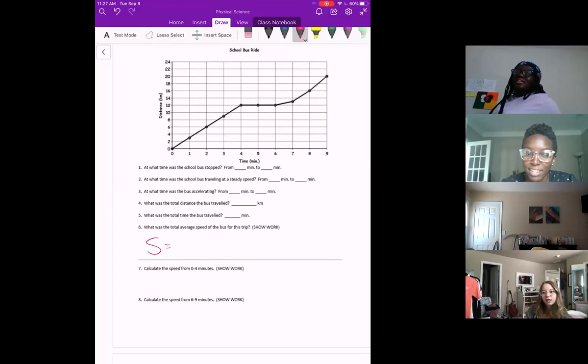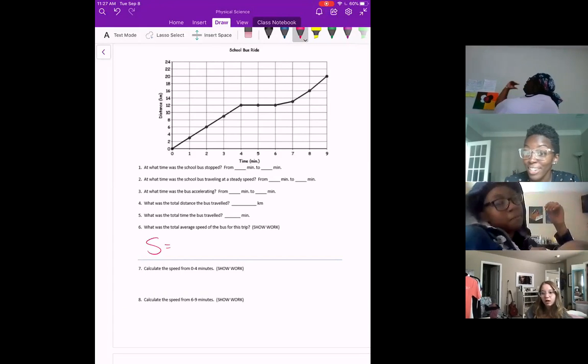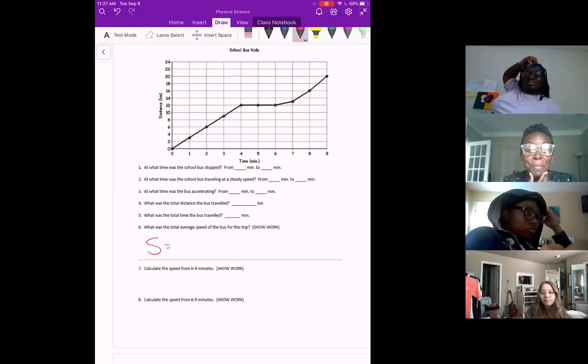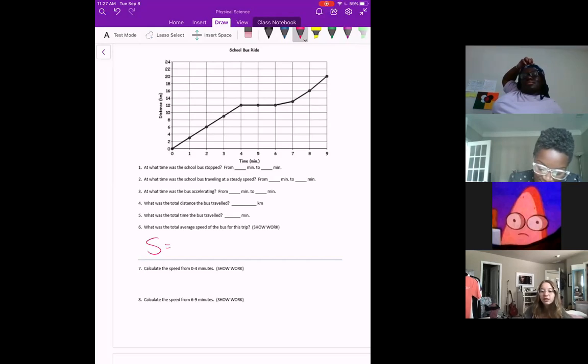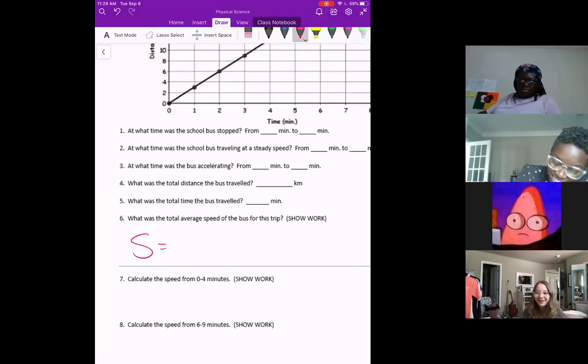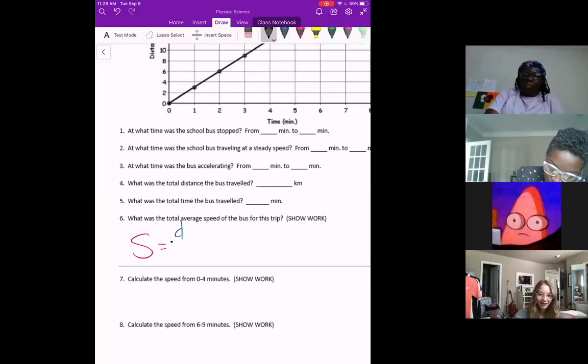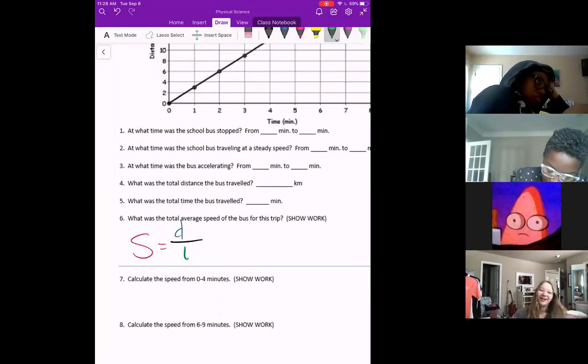So do I multiply or divide? Divide. Very nice. And which one do you think goes on top, time or distance? You've got a 50% chance of getting it right. Distance. Very nice, distance over time. So if we're doing average, Lydia said we add up everything and then we divide by however many we had.